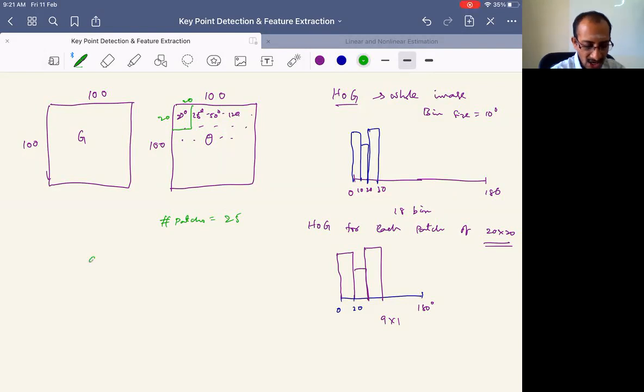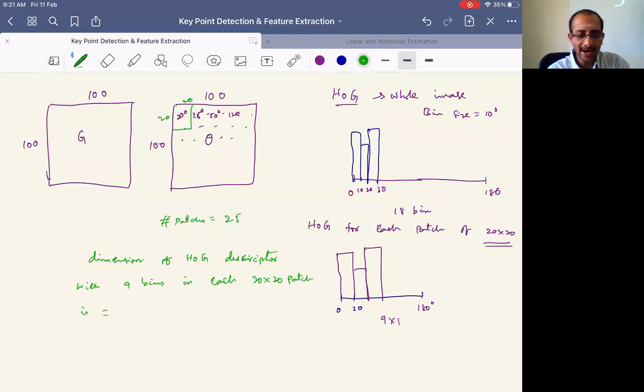So what is the total dimension of the histogram of orientation gradients descriptor with 9 bins in each 20 cross 20 patch?